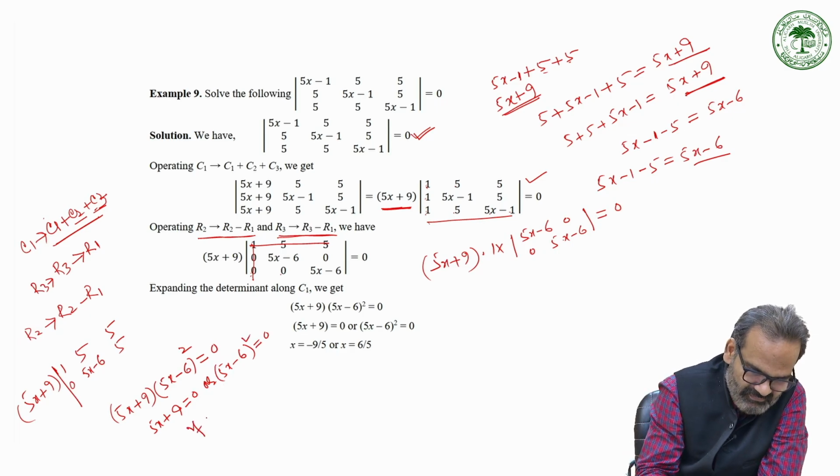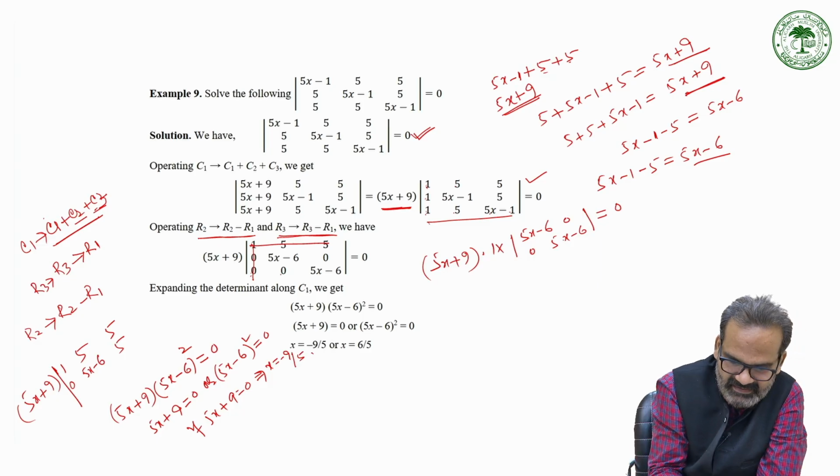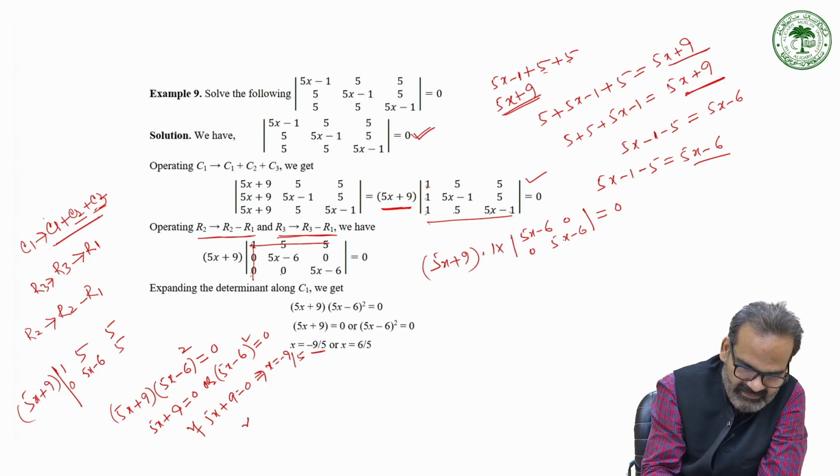So, see, if 5x plus 9 is 0, this implies x is equals to minus 9 upon 5. This is value 1. We are getting this value. And if 5x minus 6 whole square is equals to 0, it means 5x minus 6 will be also 0. So, x will be 6 upon 5.